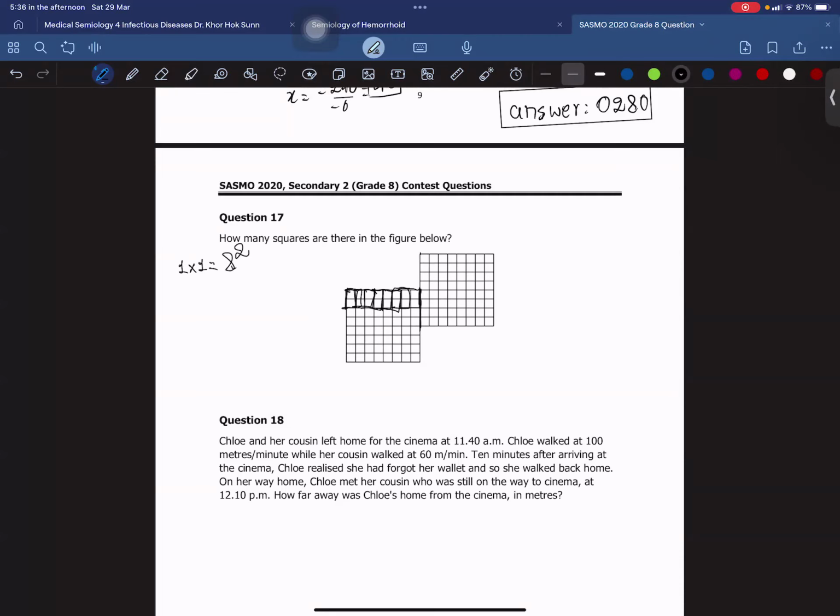So let's count it just like we did for the squares from 1 times 1. We're gonna count the row like 1 2 3 4 5 6 7. So 2 times 2 is gonna be 7 squared.